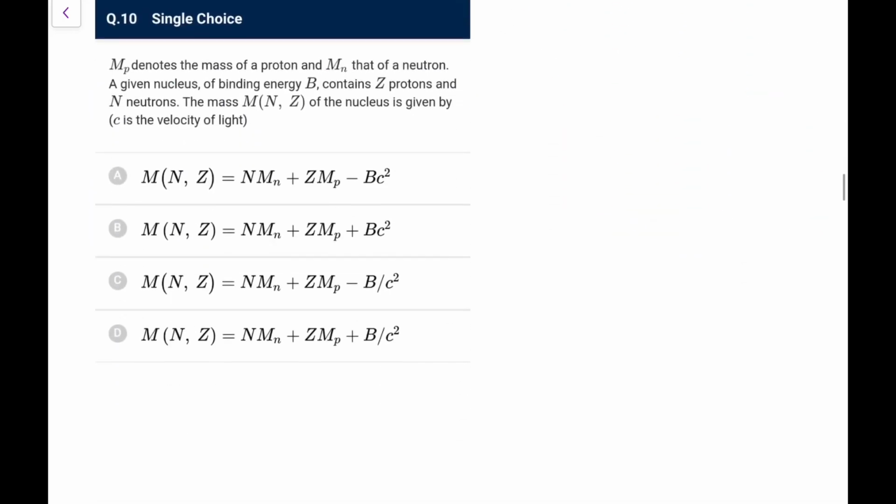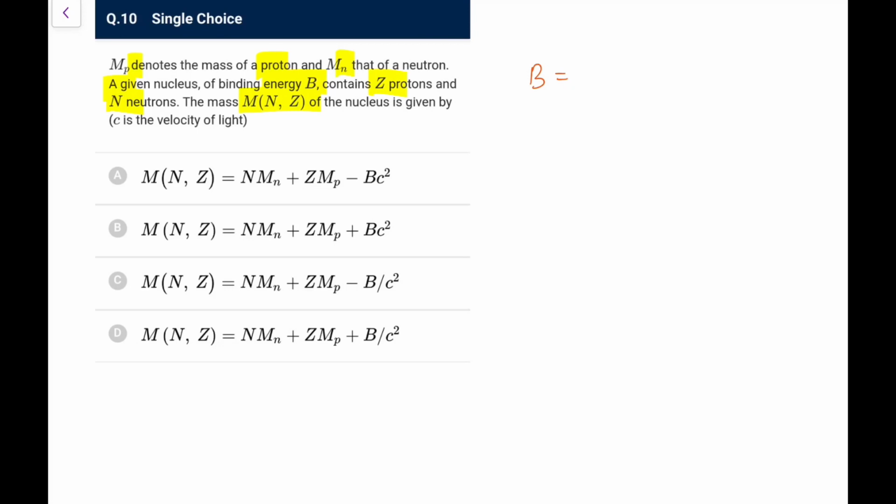Next. If mp denotes the mass of a proton, mn denotes the mass of a neutron, a given nucleus of binding energy B contains Z protons and N neutrons, the mass M of the nucleus is given by, okay. So what we know, binding energy is simply equal to the change in mass.